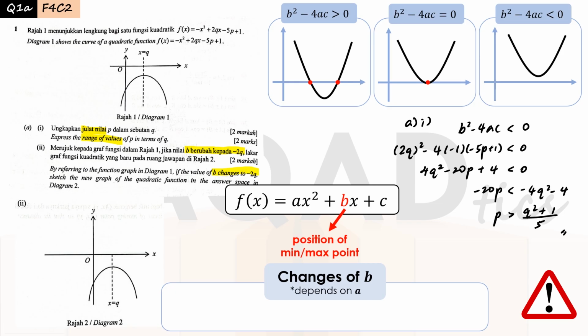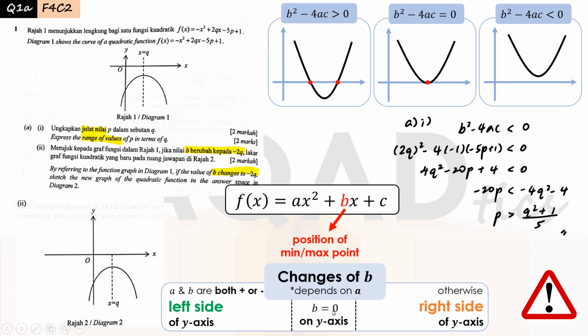So the first case is if a and b are both positive or both negative, then the point should be on the left side of the y-axis. If it's not this case, then it's on the right side. If it's not both of these cases, which means b is equal to 0, then it's on the y-axis.